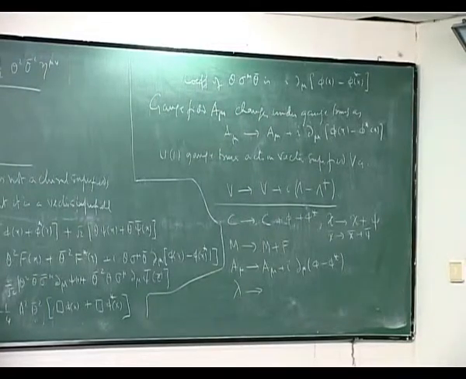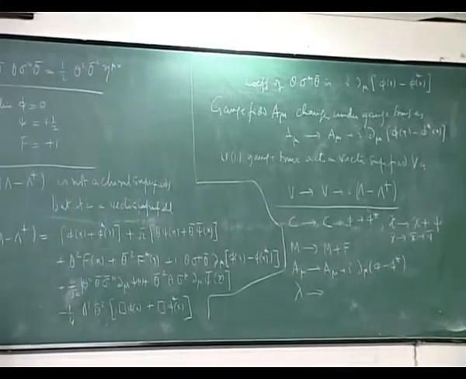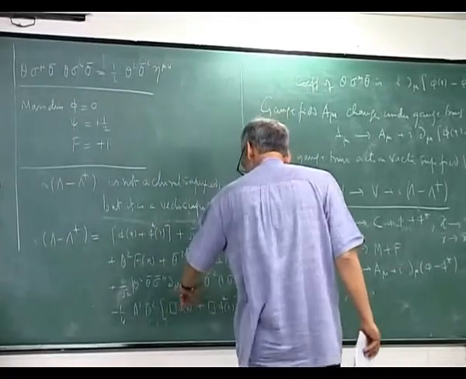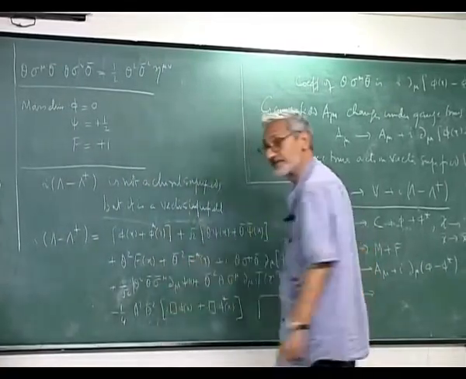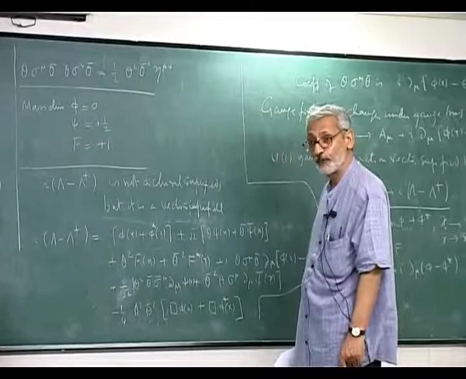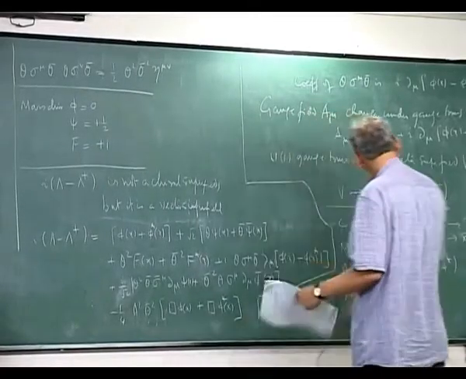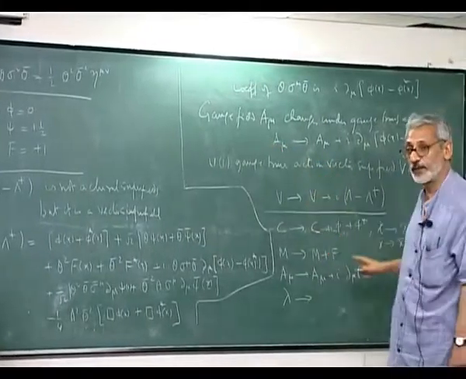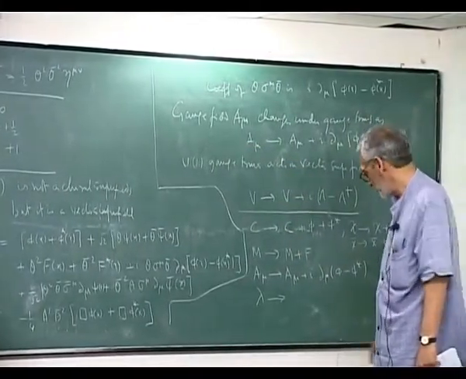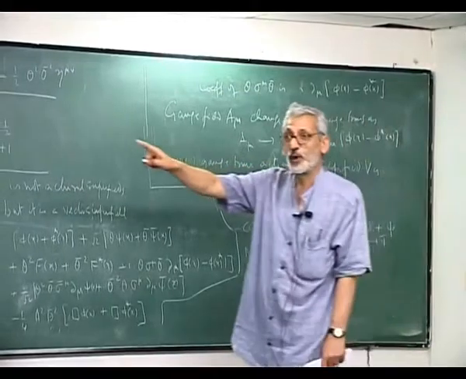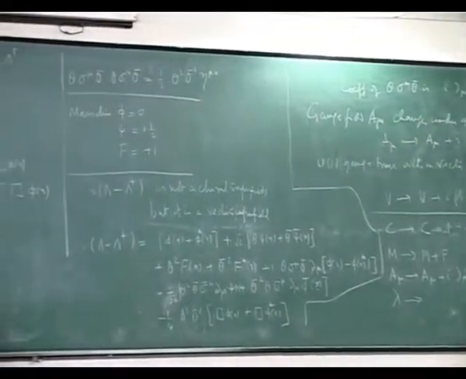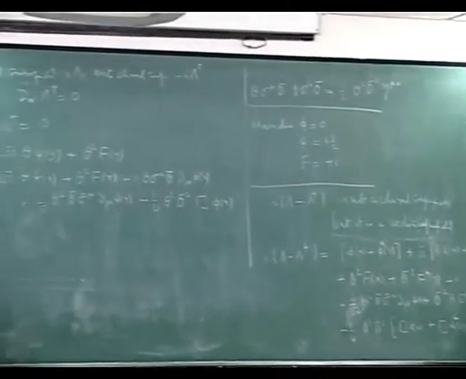Now this combination changes by this amount, but chi changes by the amount psi. So the derivative of chi changes by the derivative of psi. That was the reason to put that additional piece here, so that lambda stays invariant.